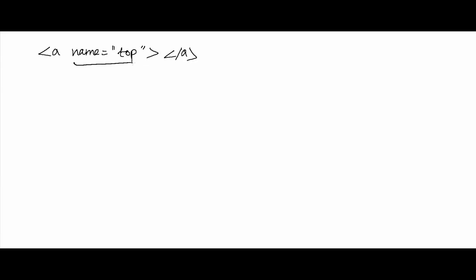I have given a name, this is like providing a name. After that, in a space, href is equal to, instead of giving a link we can give a hash and that name.